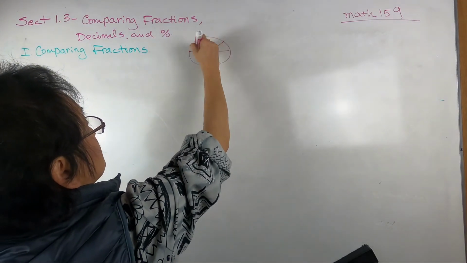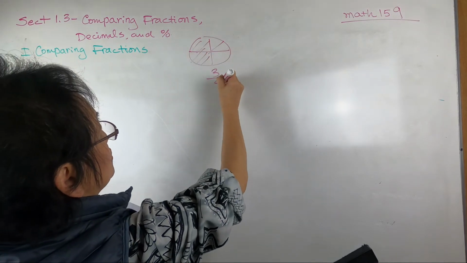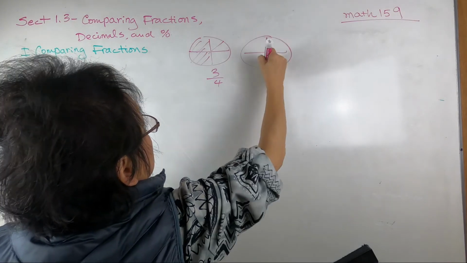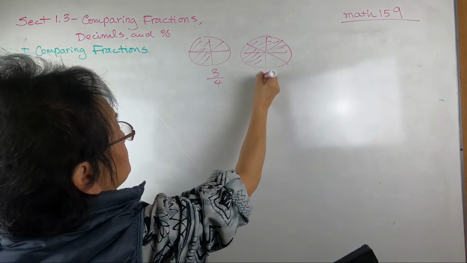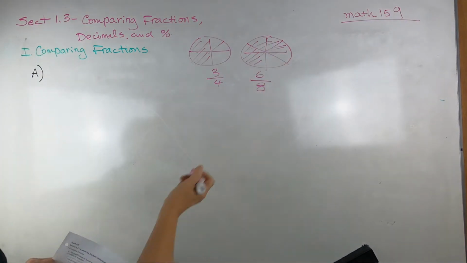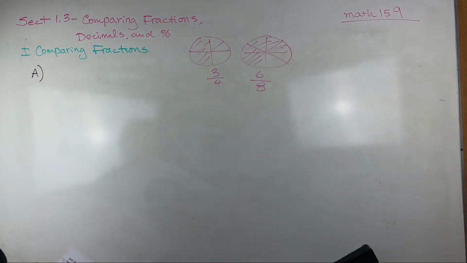Then we did this, right? That's 3/4, and this one is what? 6/8. So we say they are the same, right? Those are the same fractions, but they're just written differently.